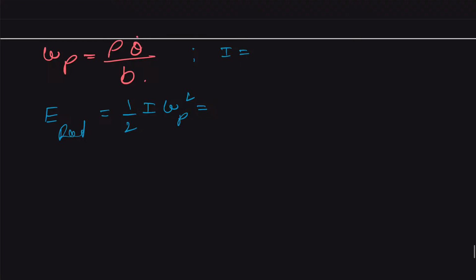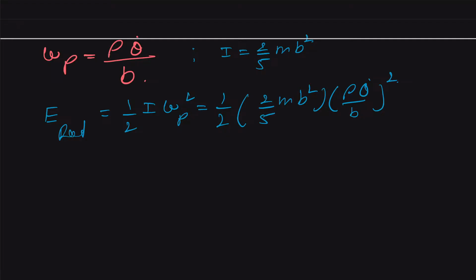Therefore E rotational will be equal to half I omega P square, and we know that the moment of inertia I about the center of the marble is 2 by 5 times m B square. So we get half times 2 by 5 m B square times rho theta dot P, and this is a whole square.